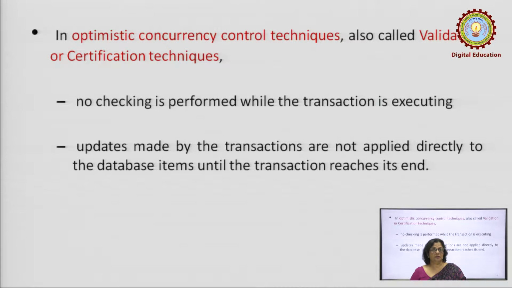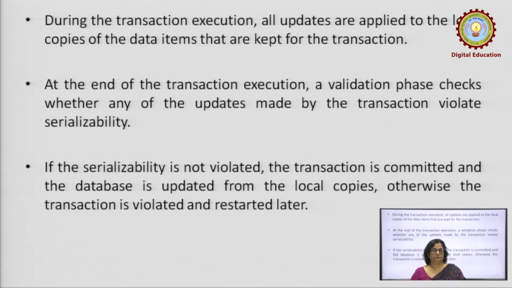The validation or the certification techniques are referred to as the optimistic techniques because there is no checking required while the transaction is executing. Updates made by the transaction are not applied directly to the database items unless the transaction reaches its end and commits. During the transaction execution, all the updates are applied only to the local copies of the database items that are kept for the transactions.